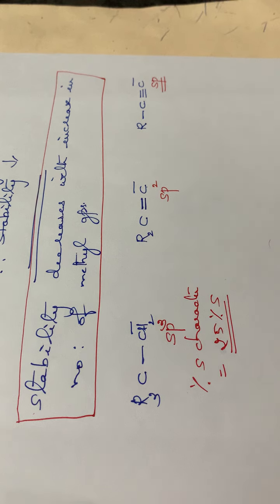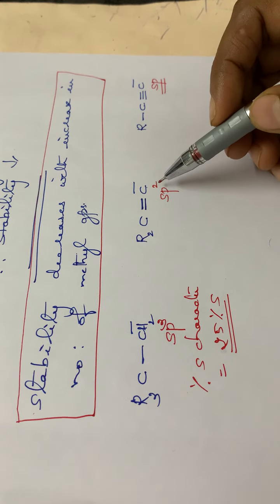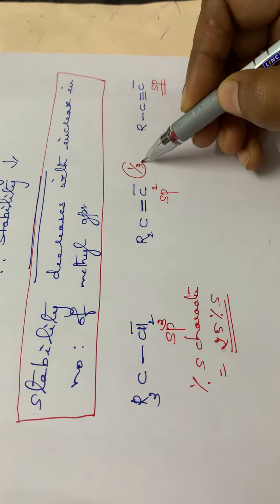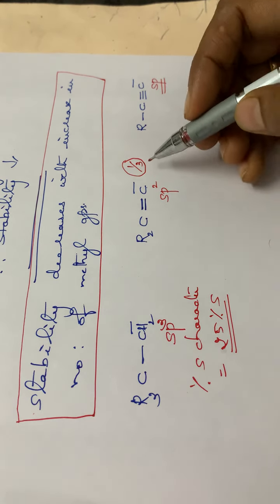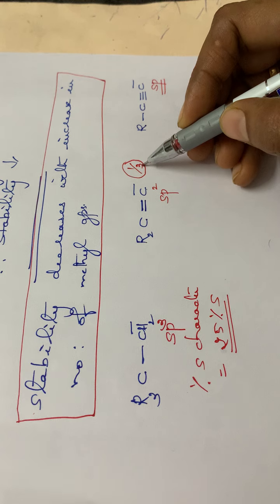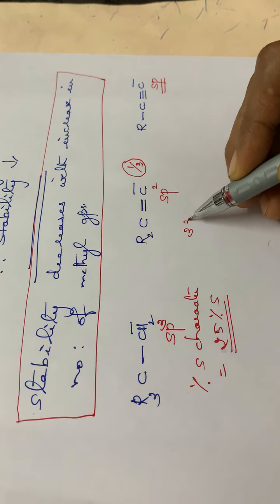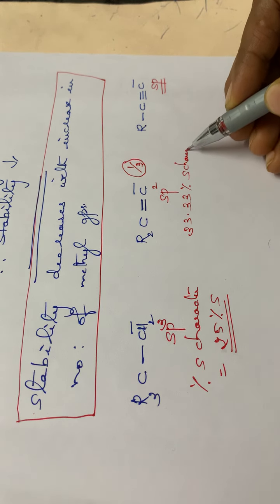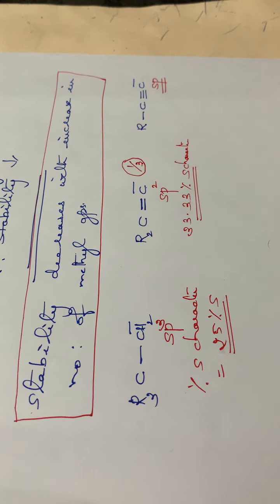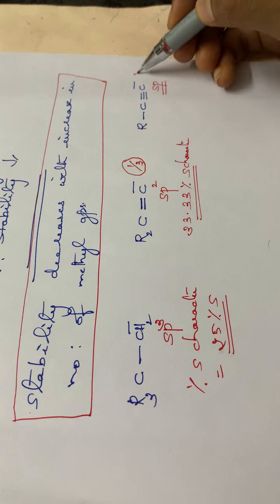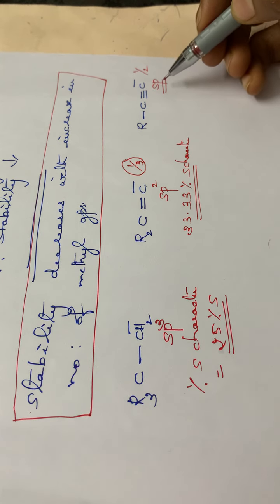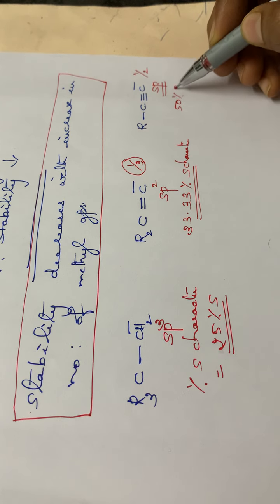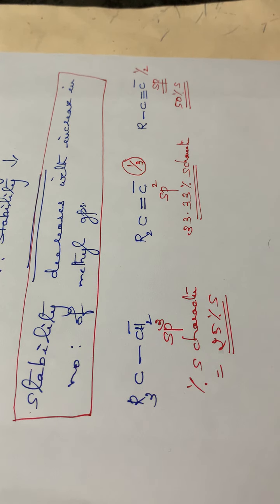In sp2, out of 3, 1 will be S, that is 1 by 3, which means 33.33% S character. Then in the last case, it is 1 by 2 S character. Out of 2, 1 is S, so that means it will be 50% S character.